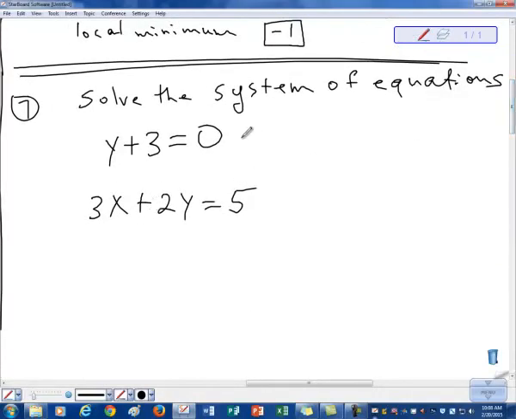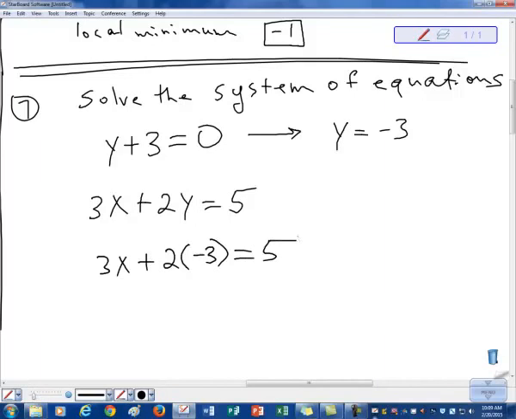Well, what you want to do here is, if I were to subtract 3 from both sides, I could get y equals negative 3, and then substitute that in. So that would be 3x plus 2 times negative 3, and that'd be 3x minus 6 equals 5.